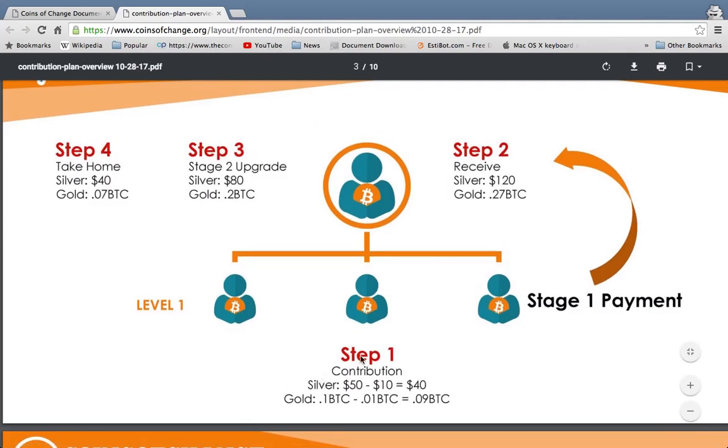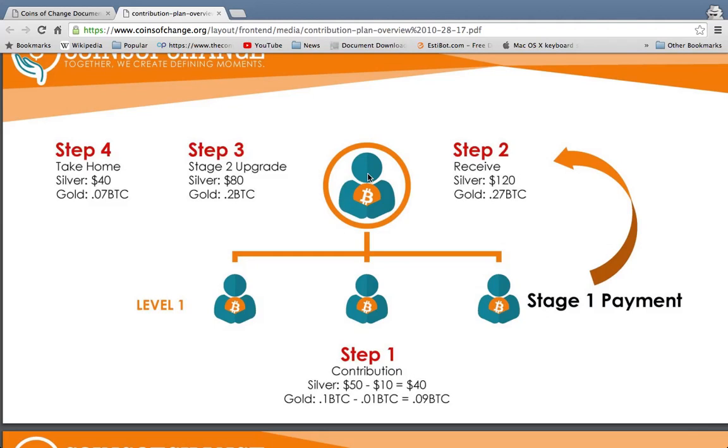So, step 1, you set up your account. You're in the platform. You're going to get 3 people to donate to your cause. Once you're on stage 1, they're going to set up their accounts, and now they're going to be on stage 1. When you're on stage 1 and you fund your account, it makes you active and eligible, which opens up your level 1.